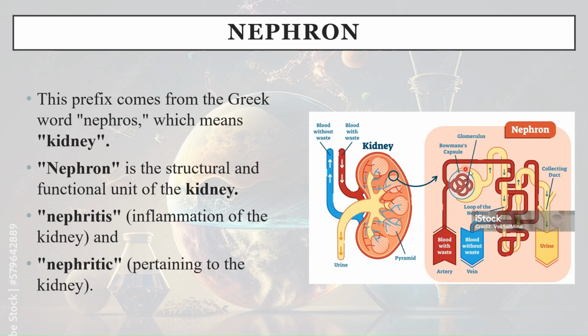You can see the glomerulus, the Bowman capsule, and the tubes responsible for filtration. Any inflammation in the nephron is called nephritis, the inflammation of the kidney. Nephritic means pertaining to the kidney. So these are a few examples regarding nephron.